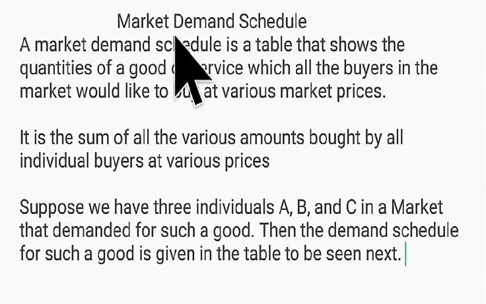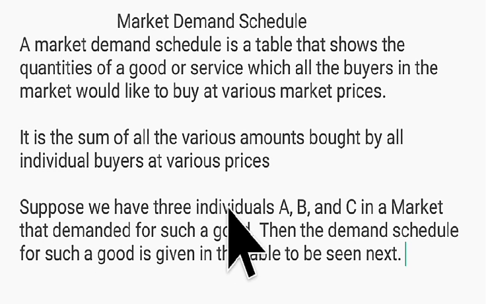Now, we have the market demand schedule. A market demand schedule is a table that shows the quantities of a good or service which all the buyers in the market would like to buy at various market prices. It is the sum of all the various amounts bought by all individual buyers at various prices.